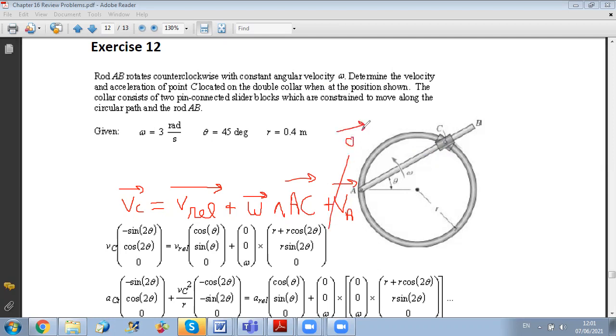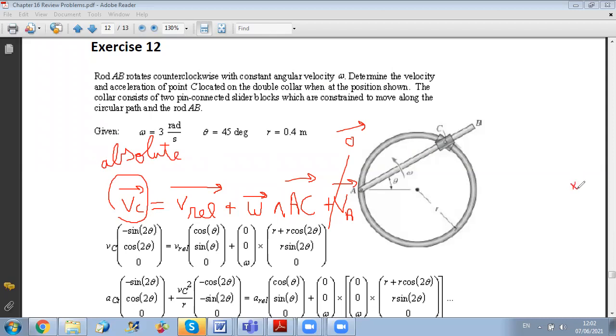Now I will try to write my other terms. I will start with VC. This is the absolute velocity of C. Okay, so it represents the velocity of C that I can see from a fixed frame.